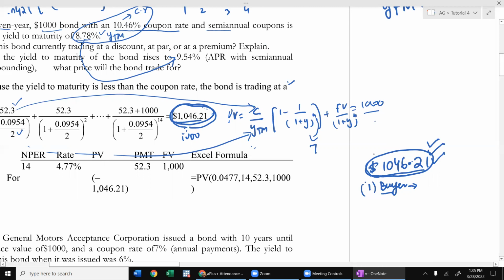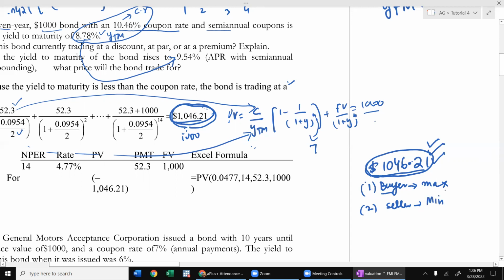As a buyer, I'm not going to pay anything more than 1046.21, correct? This is the maximum price, correct? Yes, sir. Okay. Number two, if I'm a seller, what should I say? This is the minimum price I would be willing to sell this bond, not less than this, correct?